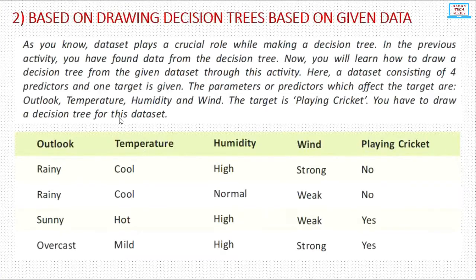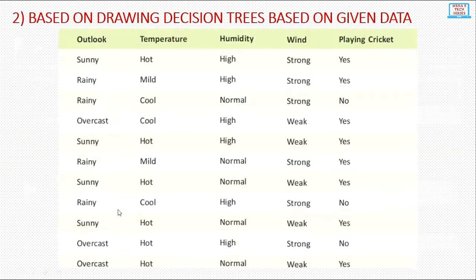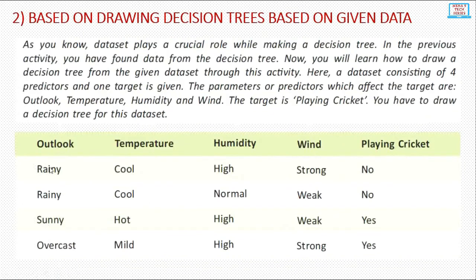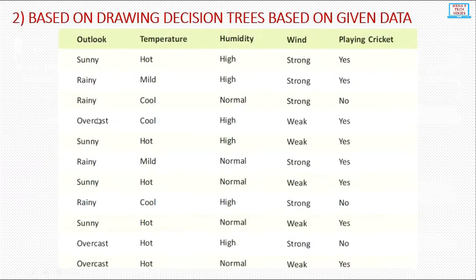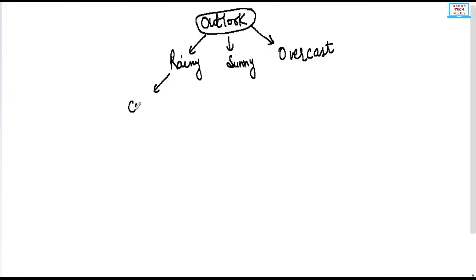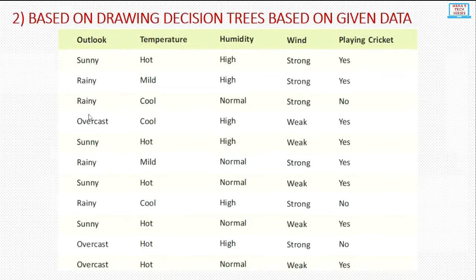So now if rainy is there, then again in temperature we must see how many options we are getting. So rainy is cool, then rainy mild, rainy cool. So in rainy we are getting 2 options. One is cool and one is mild. Hot we are not getting. Now with sunny we have hot and only hot.